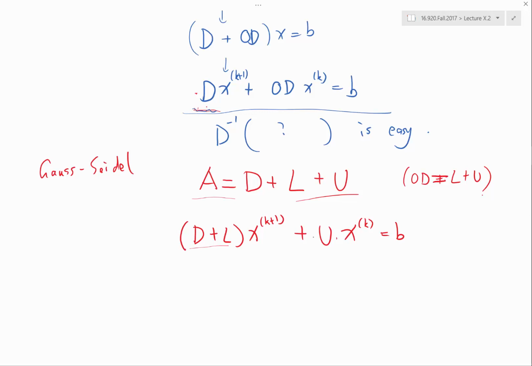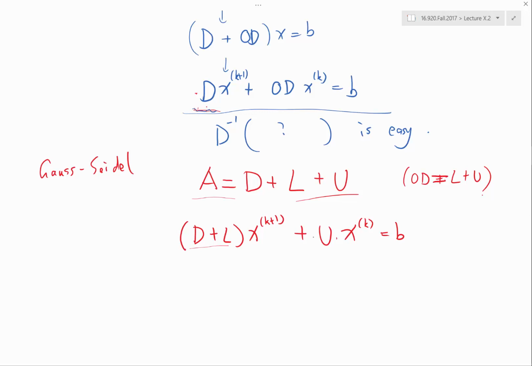So swapping L and U is equivalent to doing that, and still just apply Gauss-Seidel. And that is one way to reorder the indices in Gauss-Seidel that makes a difference. There are other ways to reorder the indices in Gauss-Seidel to make even more difference, not just in terms of convergence rate, but also in terms of how you can parallelize the algorithm. We're going to look at it later.